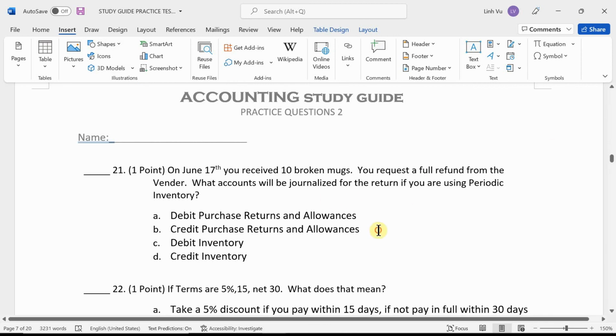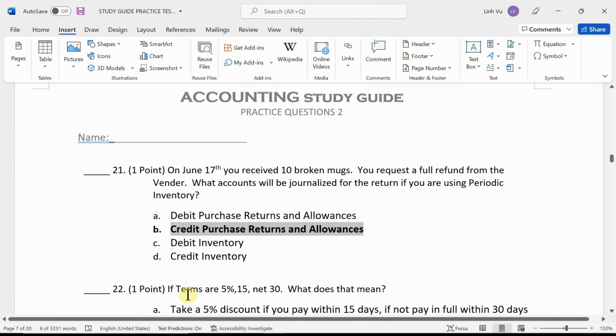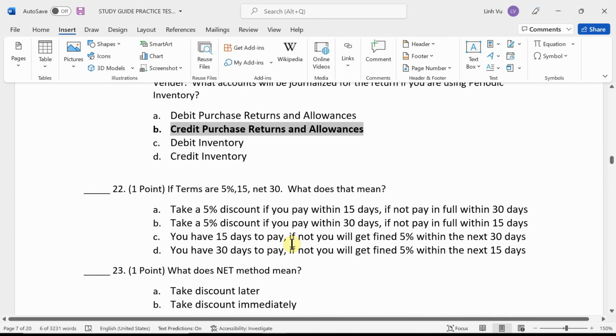I heard A and D. No, my first choice was B. Okay, so yes, B, purchase returns and allowances, and you would credit it. Right, because it's a contra account. You're using this account to decrease your purchase expense. No worries. Sorry, I heard D, inventory.